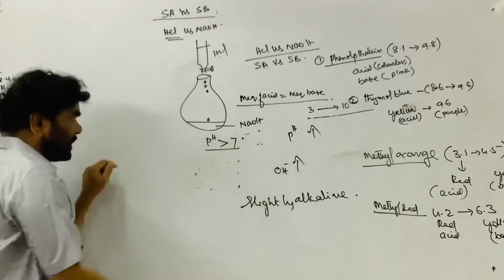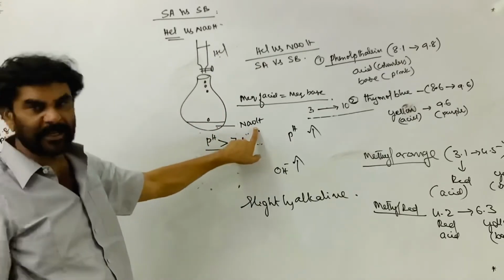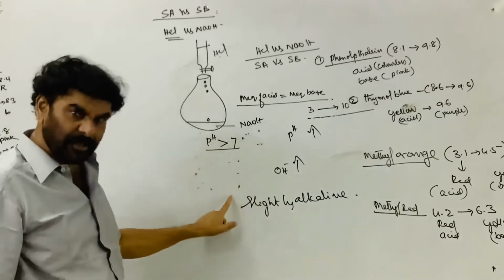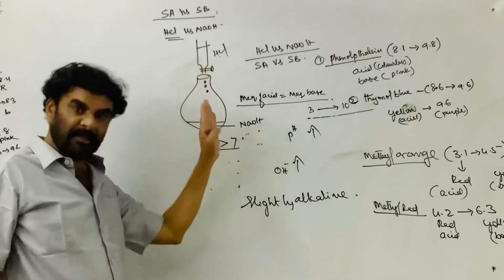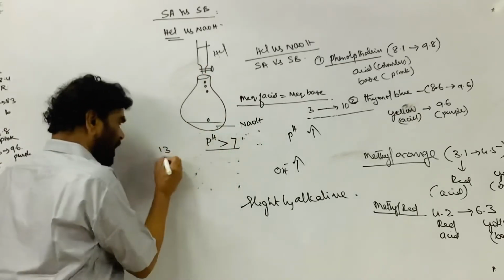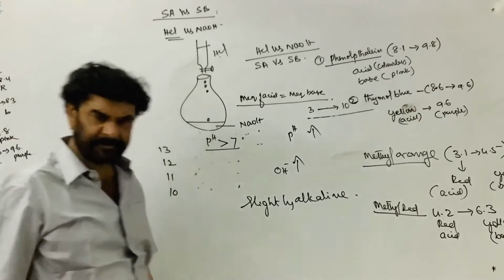On addition, the OH ion concentration decreases, the H plus ion concentration increases, and the pH decreases gradually, from 13 to 12, 12 to 11, 10, like this.